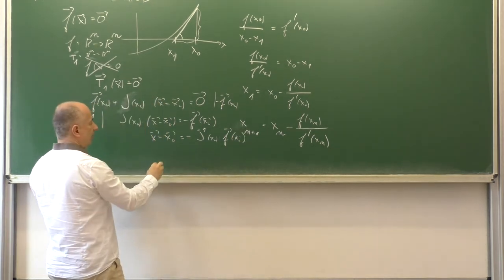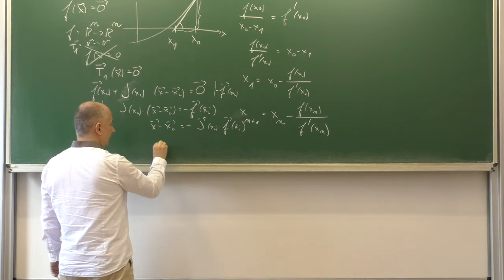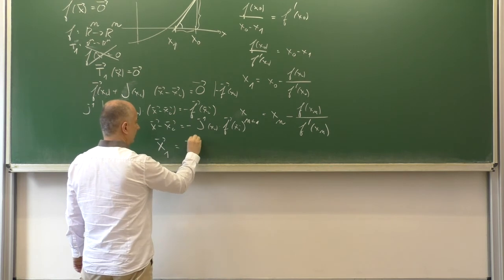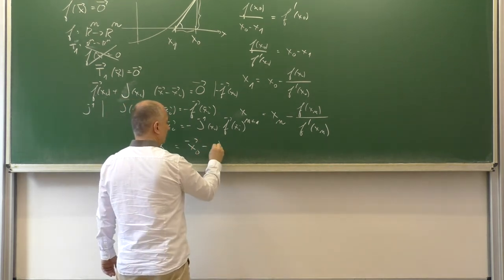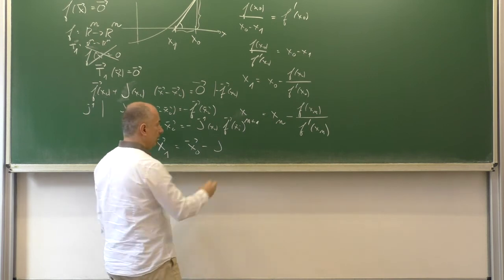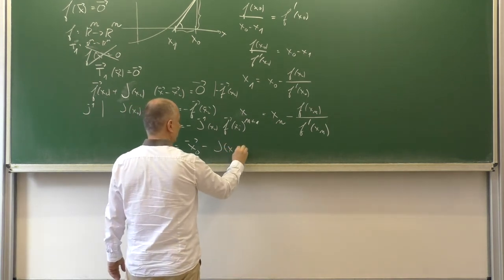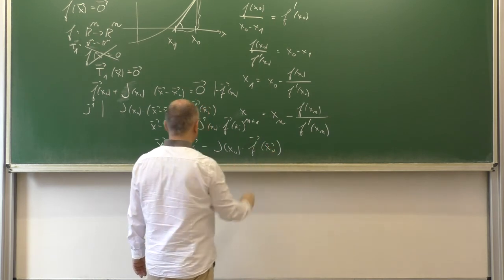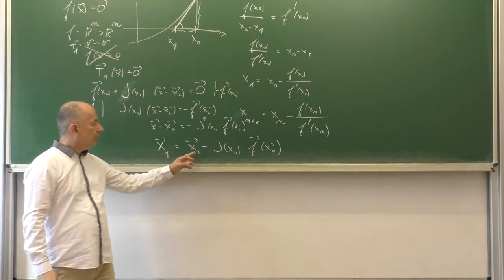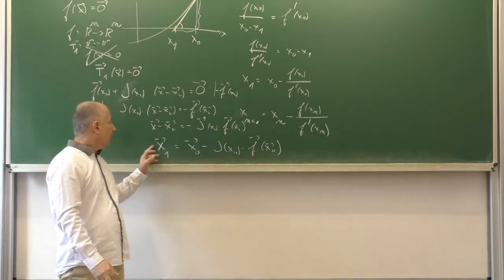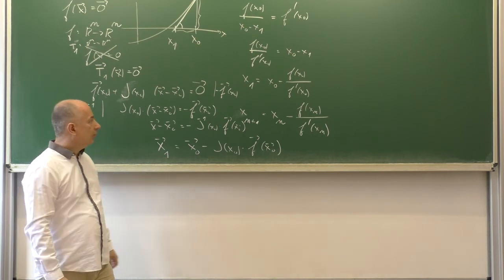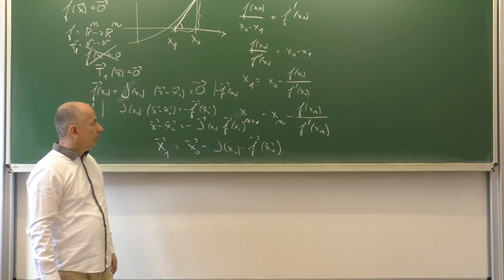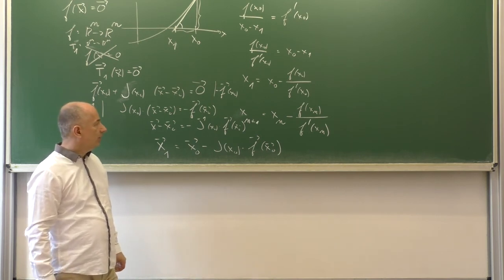And if we add x0, we have the next approximation, let's call it x1, as x0 minus J, the Jacobi matrix of partial derivatives at x0, inverse, times f arrow at x0. And then if we replace x0 with x_n, we have here x_{n+1}. So very, very simple, and very similar to the situation for one variable, for one equation.